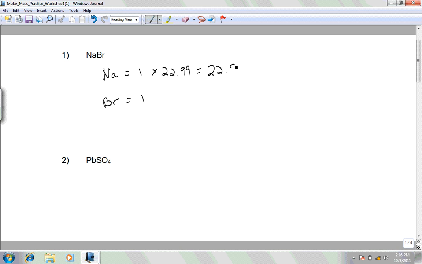So that equals 22.99. Now you're going to look for bromine on the periodic table and it's 79.90. So 1 times 79.90. And to find the molar mass, you're going to be adding these two numbers together.